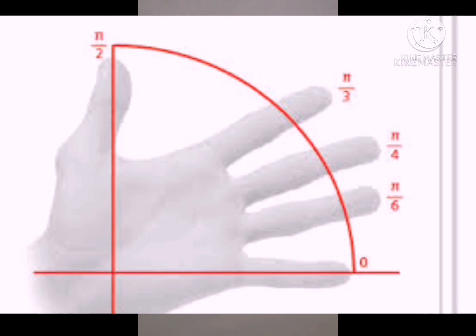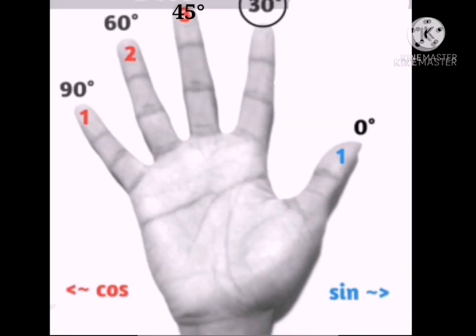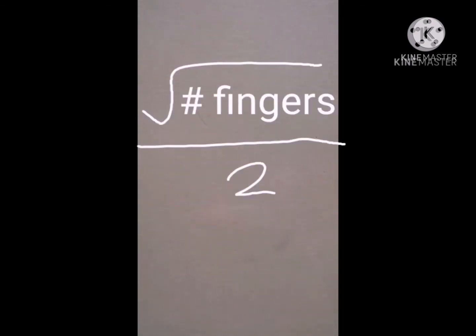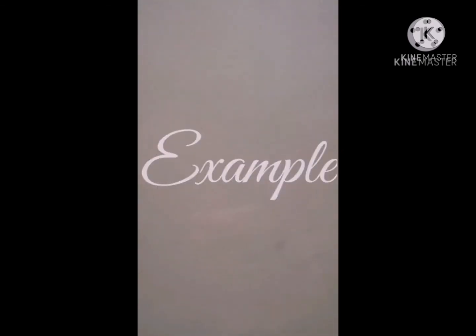Kanina, nilabel natin yung fingers natin sa radians. Ngayon naman, ililabel natin ito sa degrees. So, meron tayong 0 degrees, 30 degrees, 45 degrees, 60 degrees, and 90 degrees. So, kagaya lang din sa ginawa kanina, gagamitan natin ito ng square root number fingers over 2. So, example, sine 30 degree.